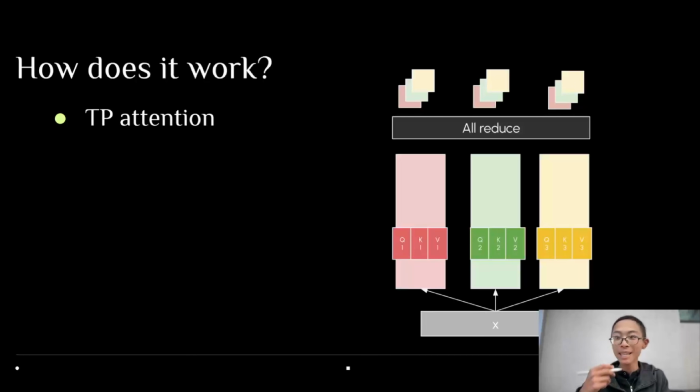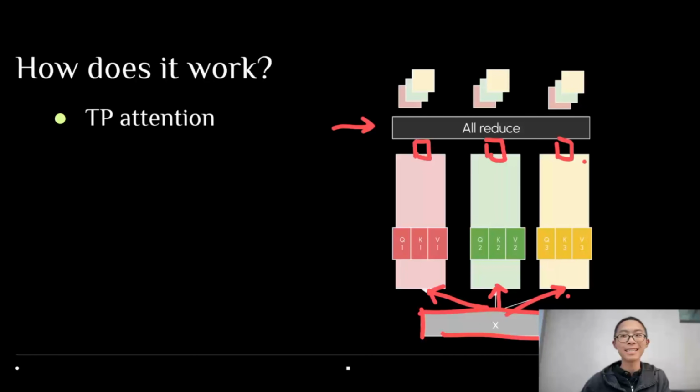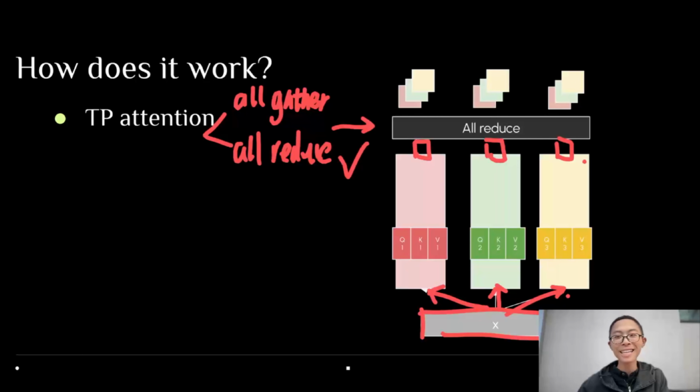In a more visual example, given the input X, instead of using 1 GPU, we split it into 3 shards. After each of them computes its own result, what else do we need? What communication strategy do we need? Is it all-gather or all-reduce? Turns out it is all-reduce, since we need to combine those 3 heads together.